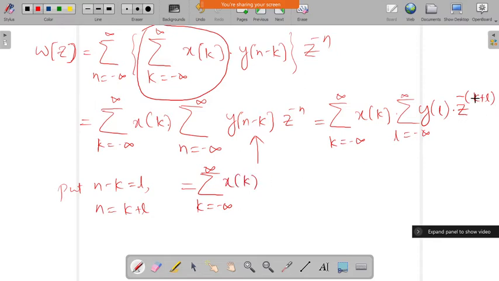Now we can see this z power minus k into z power minus L, so I will take this z power minus k into the first summation.